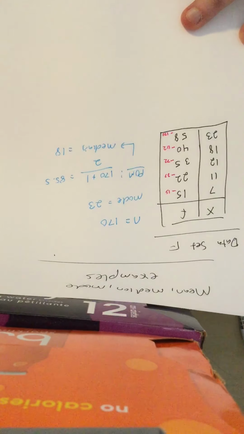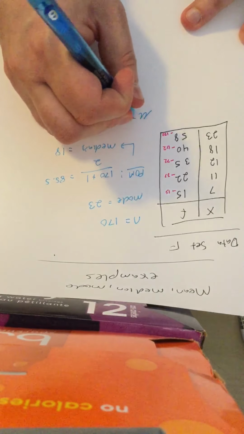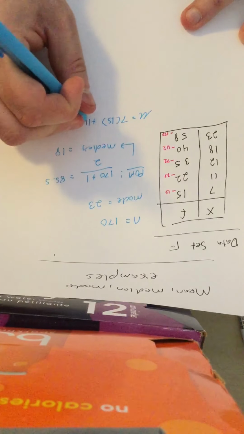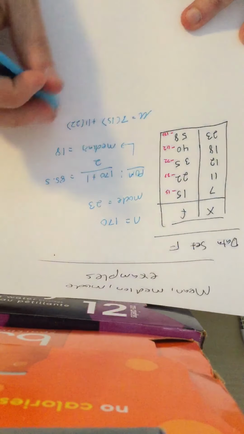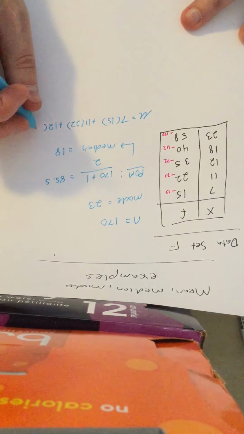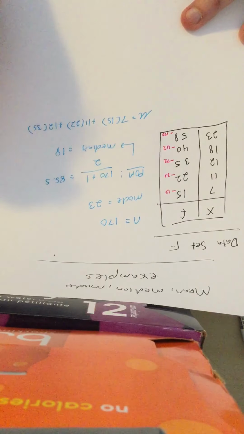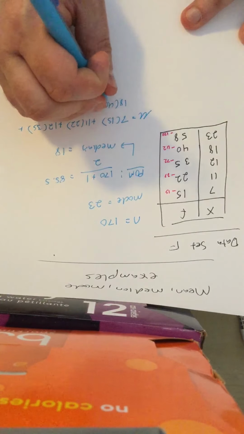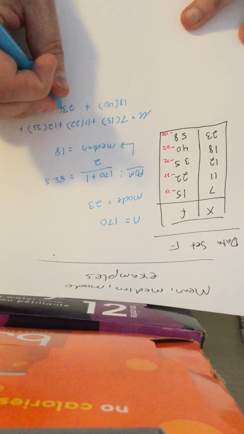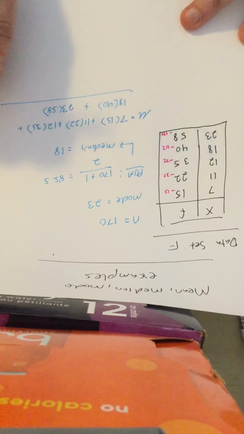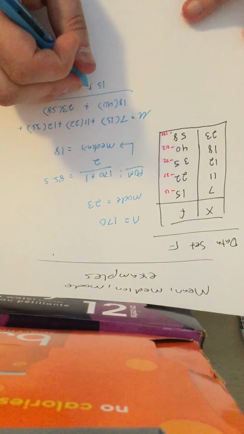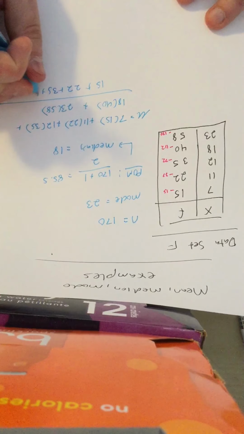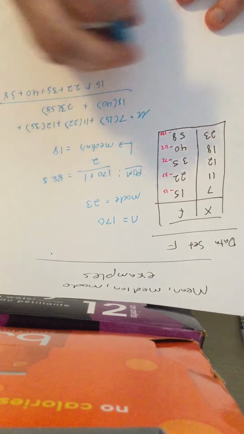And the mean, last but not least, to find the mean we're going to go 7 times 15 plus 11 times 22 plus 12 times 35 plus 18 times 40 plus 23 times 58 all over 15 plus 22 plus, well, we know this is going to be 170, but I'll write it anyway.